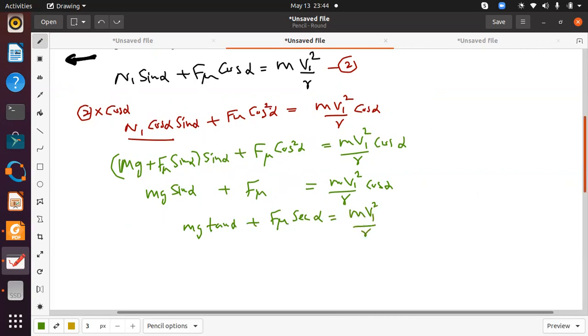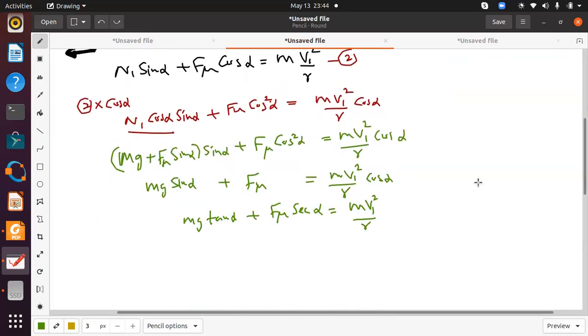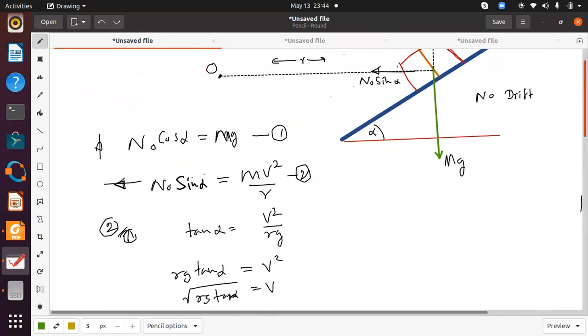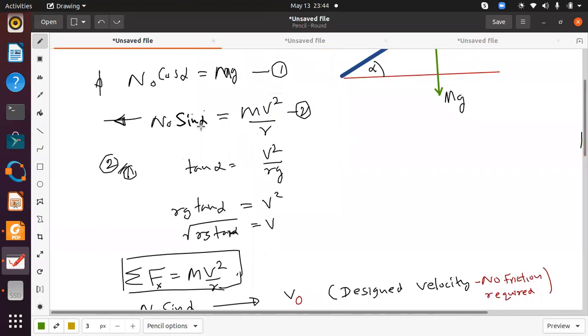Right. Since v sub 1 is greater than v naught, you can see that for this motion, if I write it again, mg tan alpha equals m v naught squared over r.